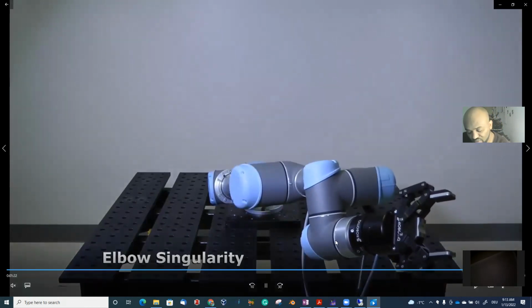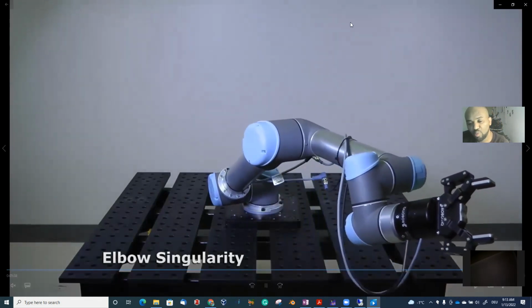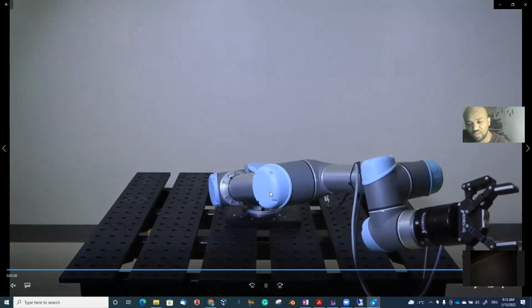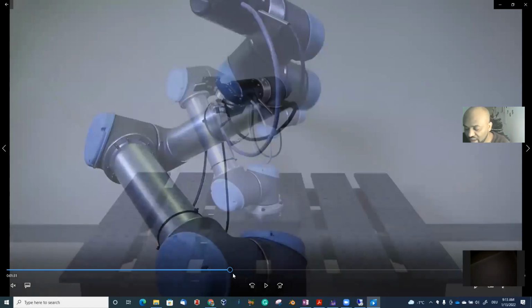But when you have inverse kinematics, you know only the position of the gripper. You don't know the joint variables, so the robot has to make the decision by itself based on the inverse kinematics model.